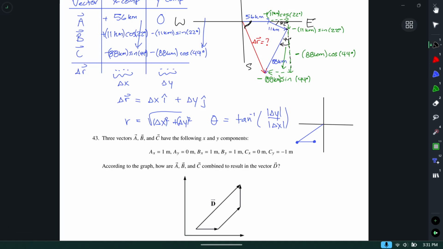So, for instance, in this problem, you had to find the overall displacement, which would be that vector, and then they ask for the angle, but they want it relative to the positive x-axis. So they want that angle, when really what the inverse tangent is telling you is just this angle. So you'd have to add 180.